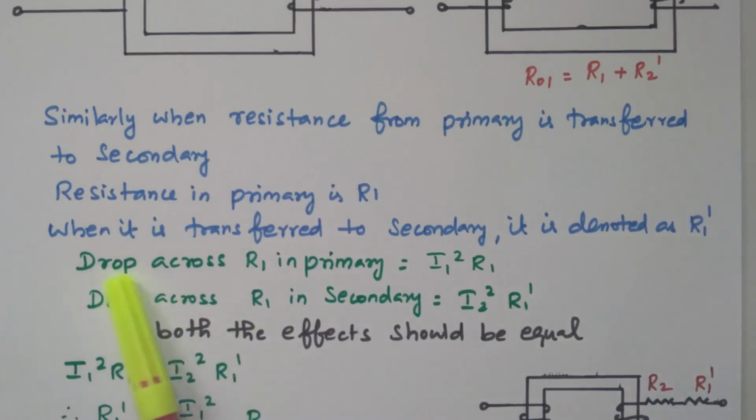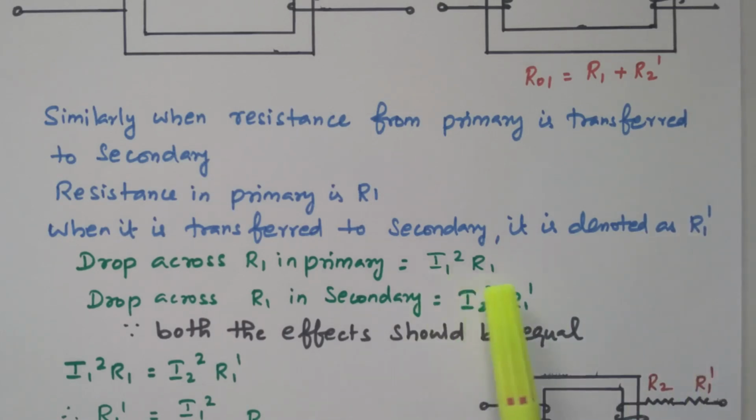Now what is the drop across R1 in primary? I1 square into R1. Primary means I1, and the resistor is R1. But what is the drop in secondary? While going to the secondary winding, it becomes I2 square into R1 dash, because while transferring to secondary it becomes R1 dash.